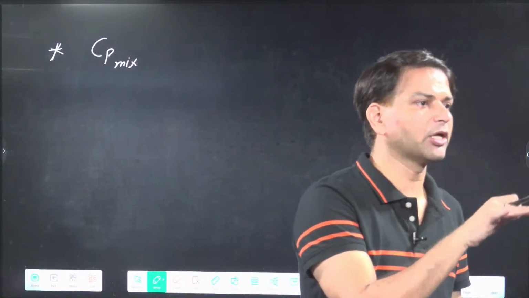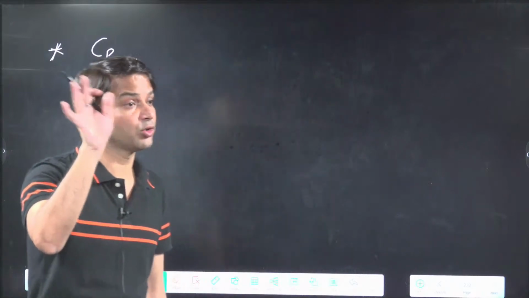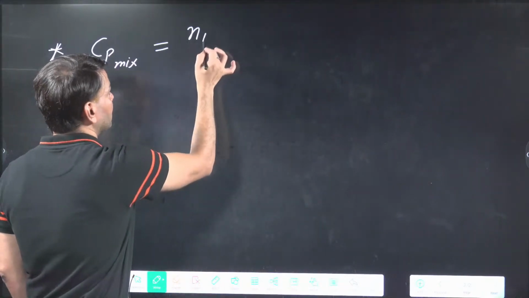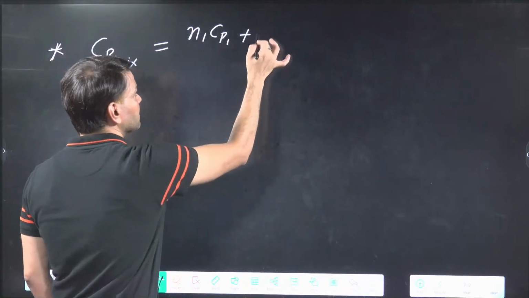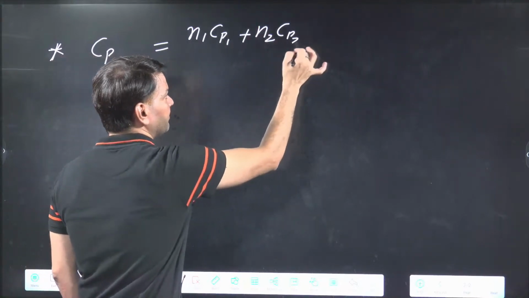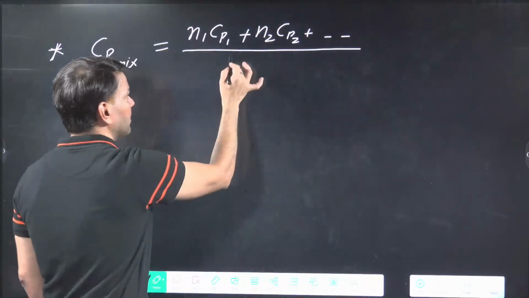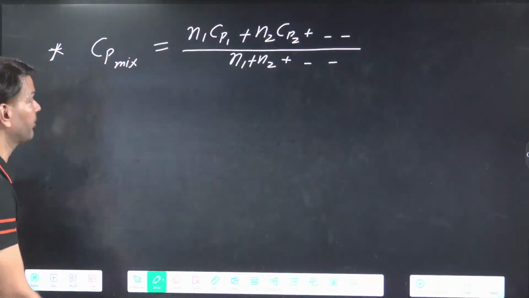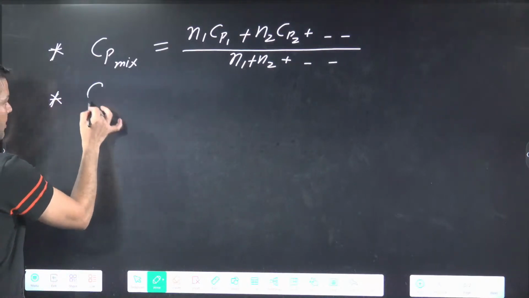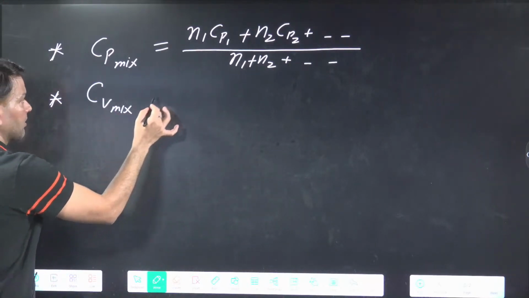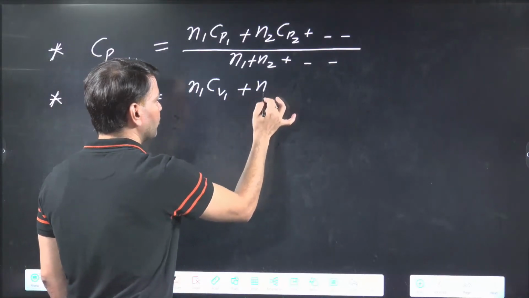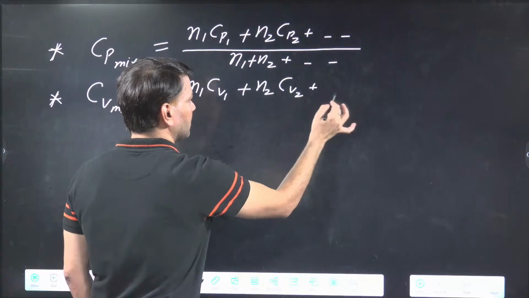A similar formula applies. CP mixture is N1 CP1 plus N2 CP2 upon N1 plus N2, and so on. Similarly, CV mixture is equal to N1 CV1 plus N2 CV2 upon N1 plus N2.